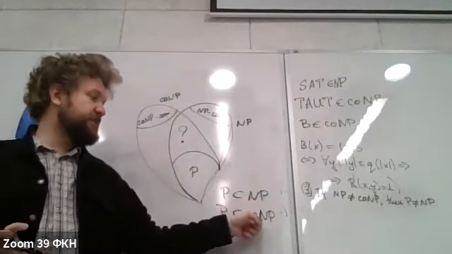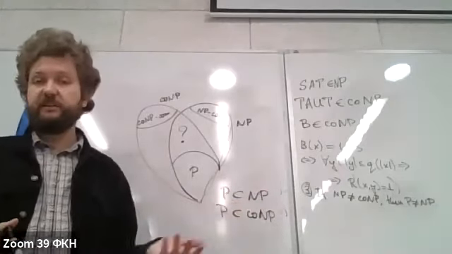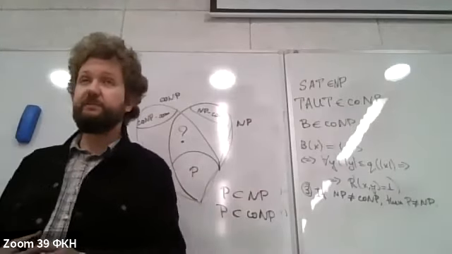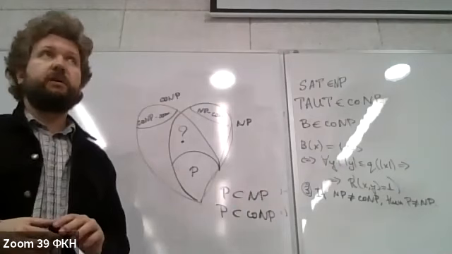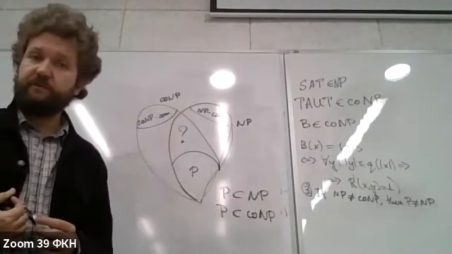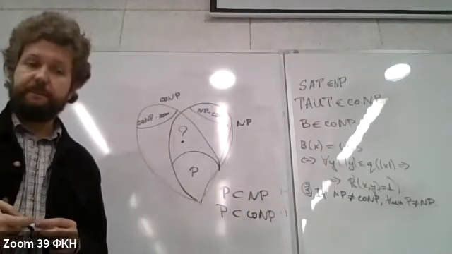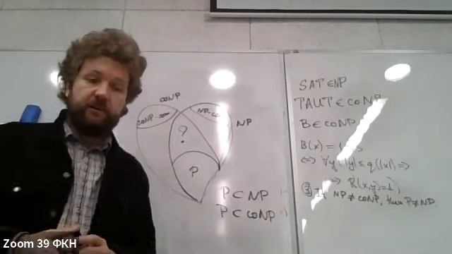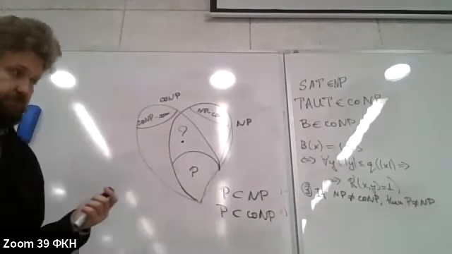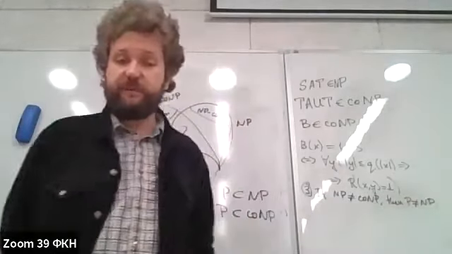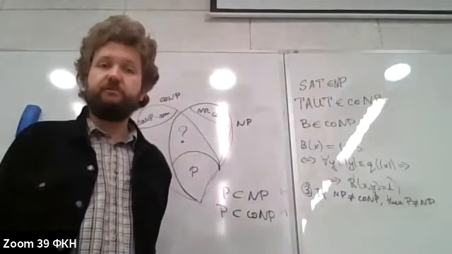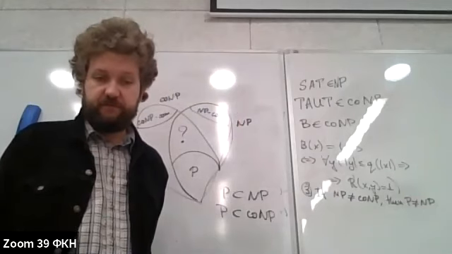But we don't know whether the intersection of NP and co-NP is the same as P. This is just an open problem. Okay, but let us show that if NP is not co-NP, then P is also not NP. How can we do this? This is an easy question, by the way.